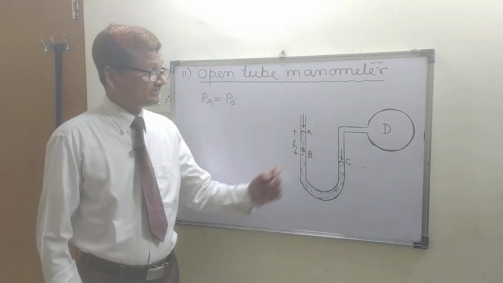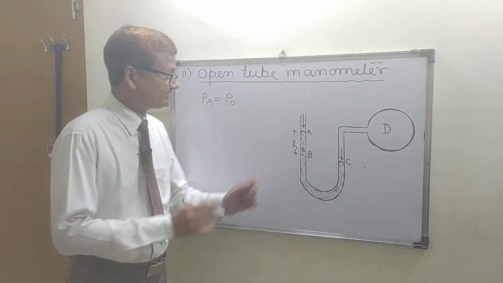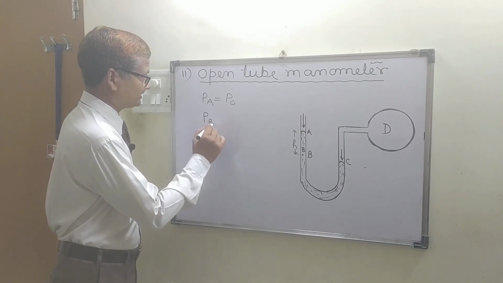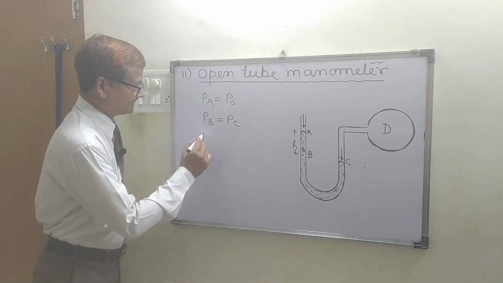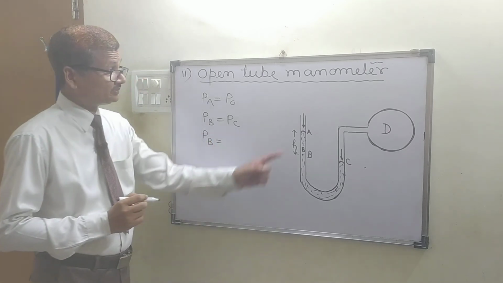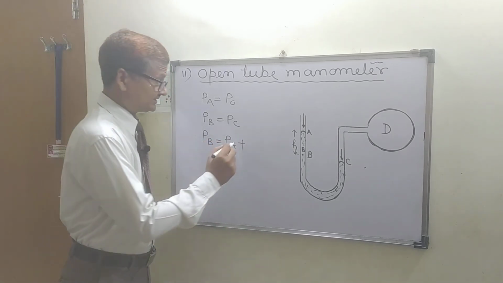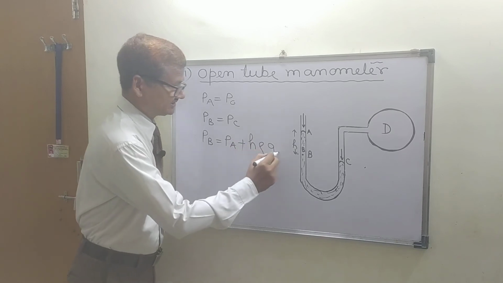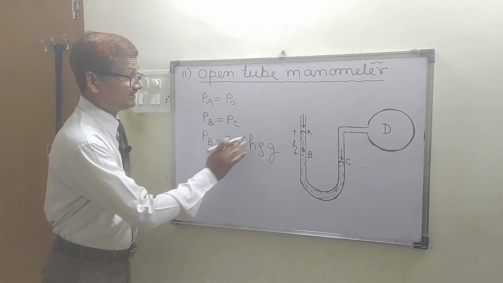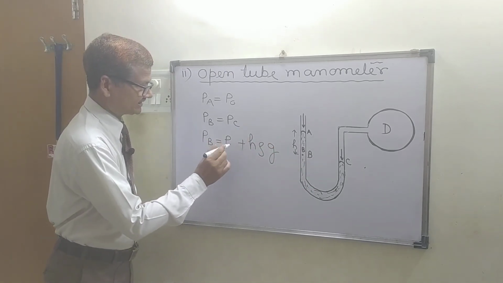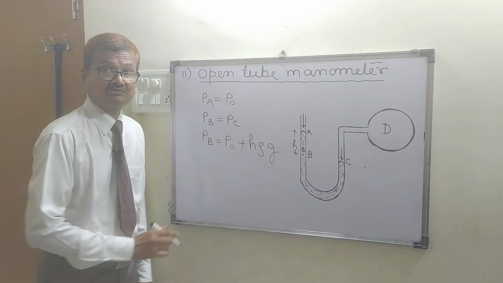B and C are both at the same horizontal level, so pressure at C is equal to pressure at B. Now pressure at B is equal to pressure at A plus h rho g, where rho is the density of the liquid inside the tube, and pressure at A is atmospheric pressure, P0. So pressure at B is equal to P0 plus h rho g.